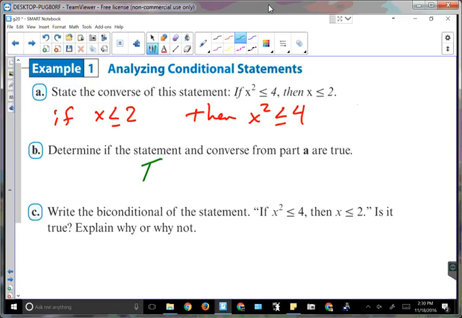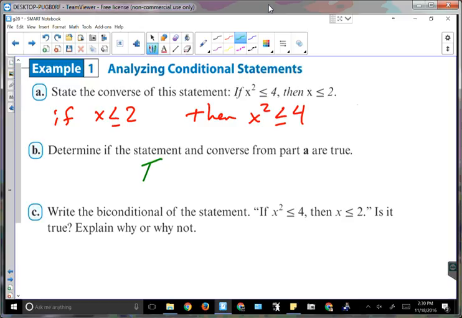Converse. If I pick a value that is less than or equal to 2, then if I square it, do I get something less than or equal to 4? And again, the answer is going to be what? I don't know.